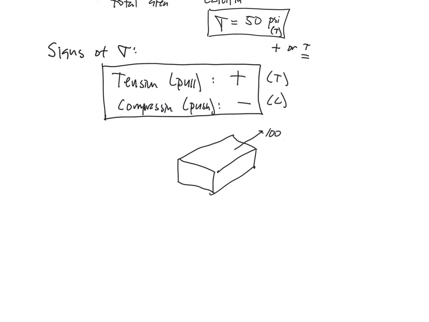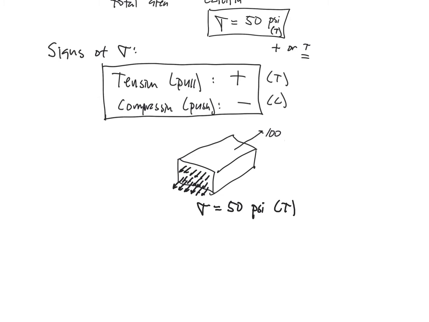The phrase I like to use for the normal stress is linked to the fact that along this location, there are all of these values of the tiny bit of force divided by that area. So anywhere we go over that cut face, there's the same value of sigma. That is 50 psi, and it's going to be in tension.